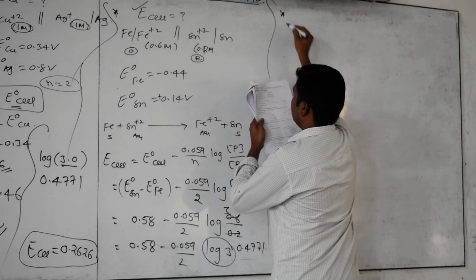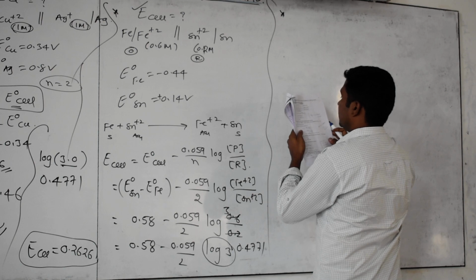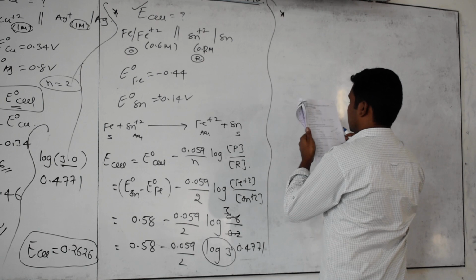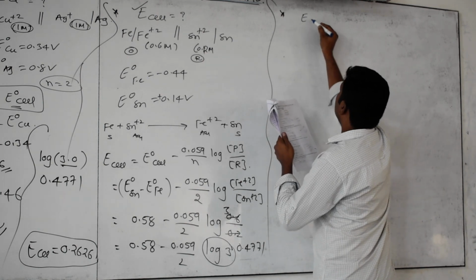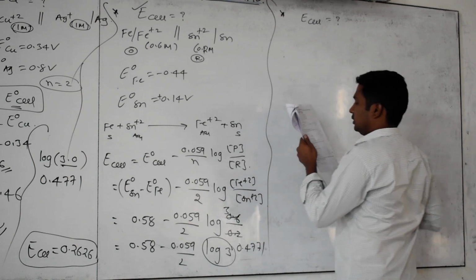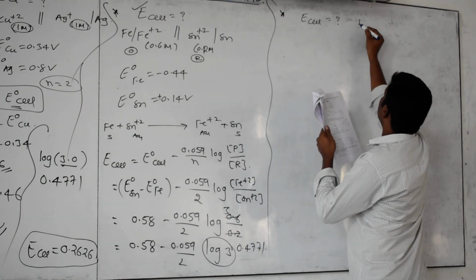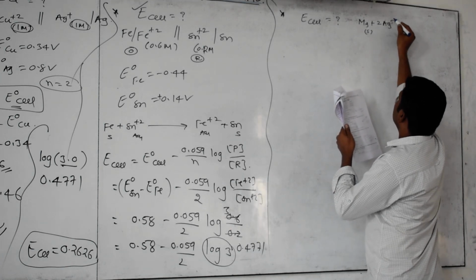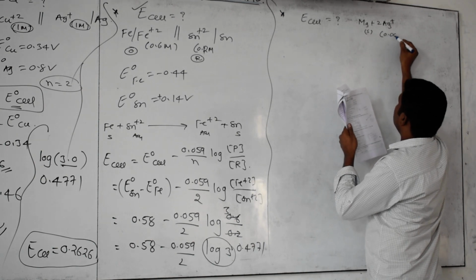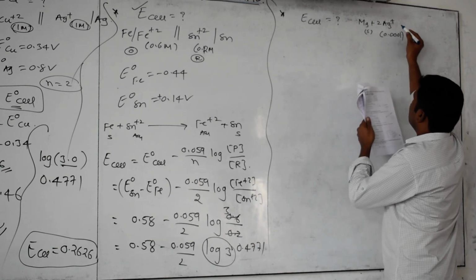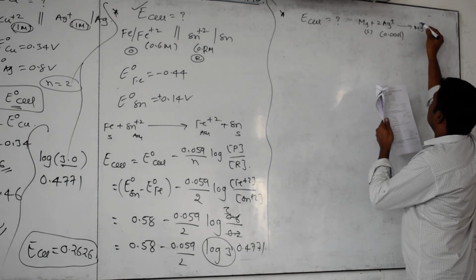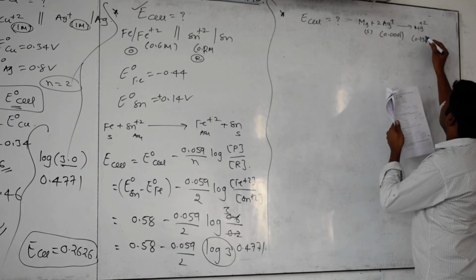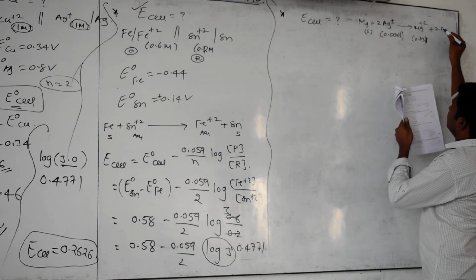Next, we try one more problem. Represent the cell in which the following reaction takes place. What is being asked? Only the EMF of the cell is asked, EMF of the cell is the question mark, and he gave a reaction: Mg solid plus 2Ag plus, its concentration is 0.0001 molar, gives rise to Mg plus 2, its concentration is 0.13 molar, plus 2Ag.